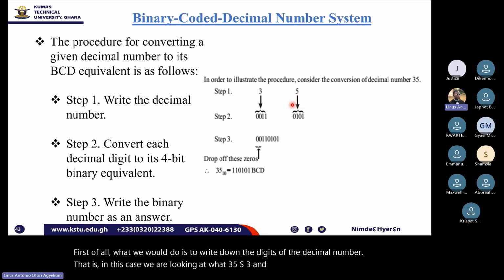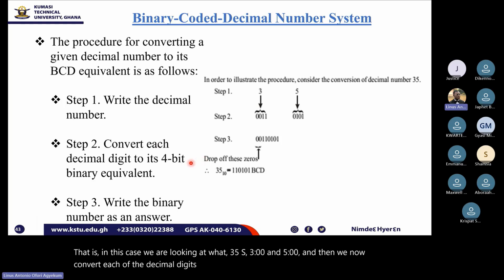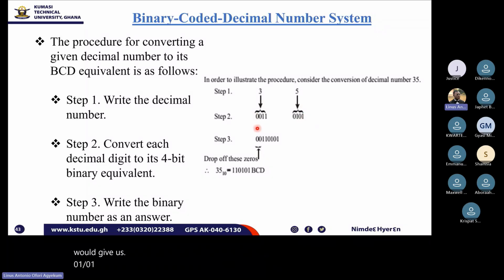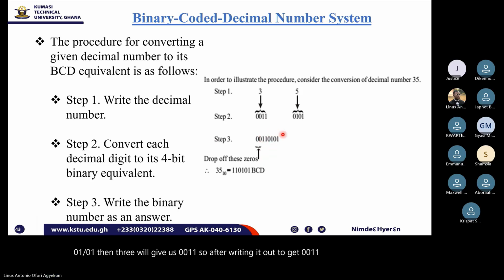Then we convert each of the decimal digits into a 4-bit binary equivalent. So 5 would give us 0, 1, 0, 1. Then 3 will give us 0, 0, 1, 1. So after writing it out, we get 0, 0, 1, 1, 0, 1, 0, 1, and because it starts with zeros, we knock the zeros off, and then we can write our BCD as 1, 1, 0, 1, 0, 1.